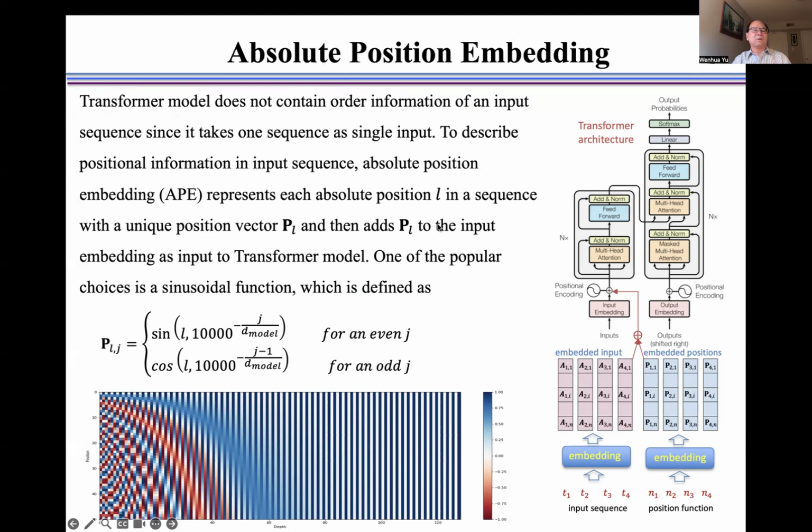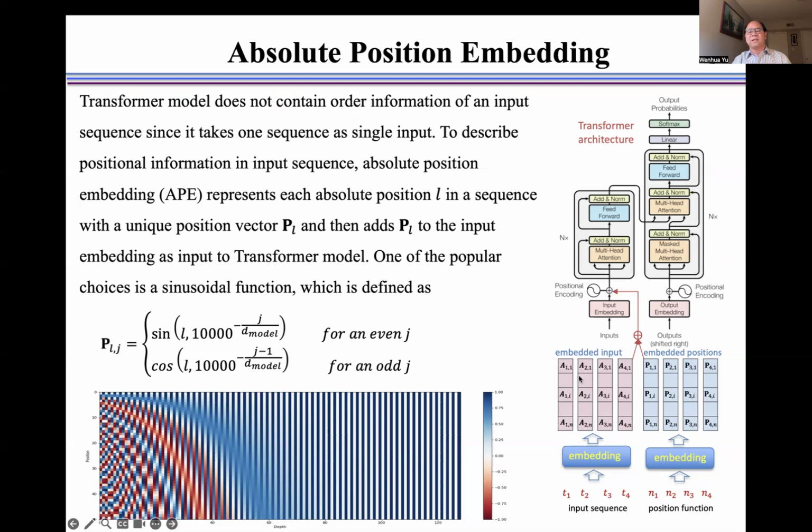To describe positional information in input sequence, absolute position embedding represents each absolute position L in a sequence with a unique position vector PL, and then adds a PL to the input embedding as the input to transformer model, as shown here. This input sequence, this position information.